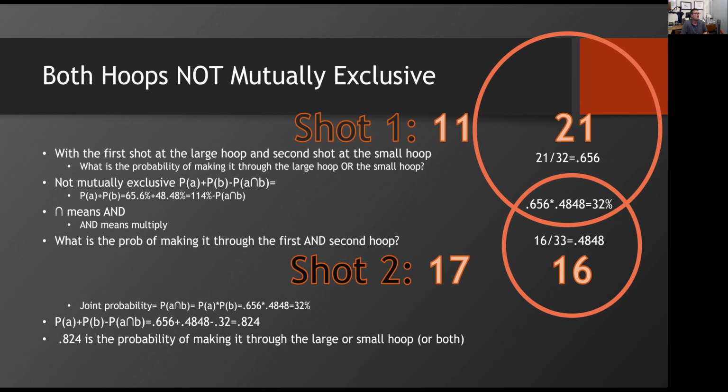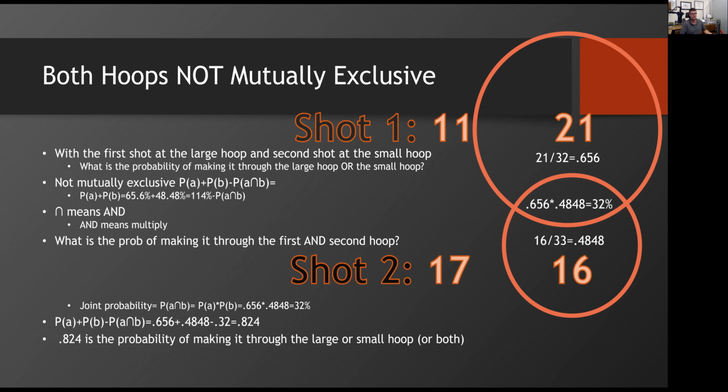And so with the first shot at the large hula hoop and the second shot at the small hula hoop, what's the probability of making it through the large hula hoop or the small hula hoop? So what we're saying is when we look at those first two shots, remember the very first shot that everyone took, they took a shot at the big hula hoop. And then they got another shot. They shot at the little hula hoop, which now they are no longer mutually exclusive.